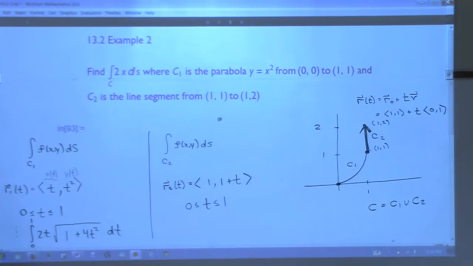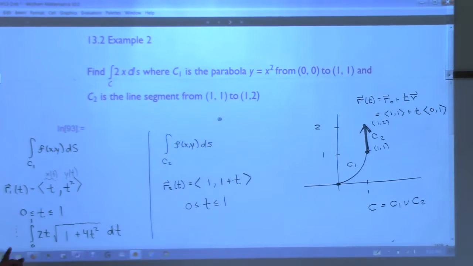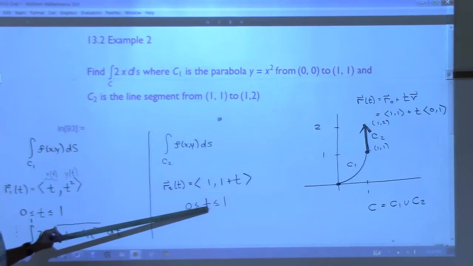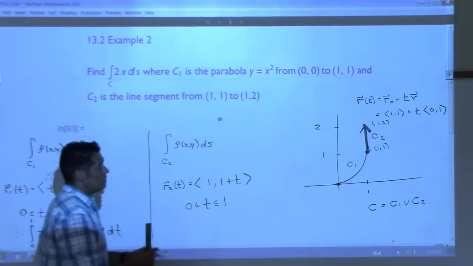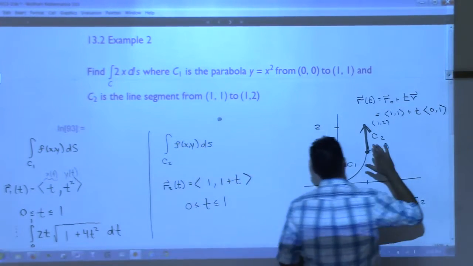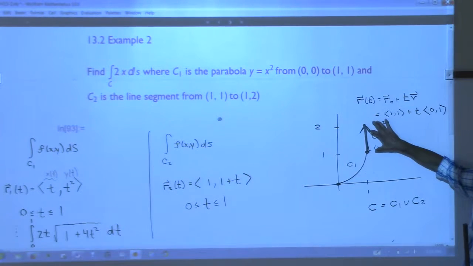So we're getting, let's say we just put t on there. Just t on what? On the line. Just t? Yeah, and then we go from 1 to 2. You could do that. You would have to adjust your boundaries here on t. When we first started talking about lines, there was one part of one class where I showed you how to draw a line segment with a vector function.